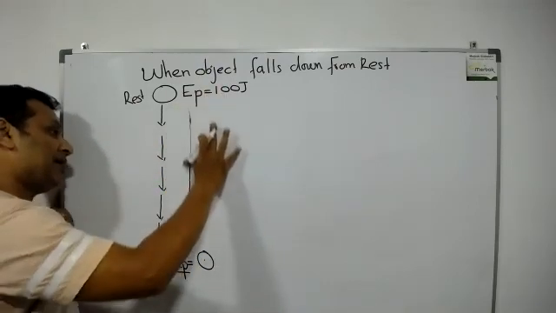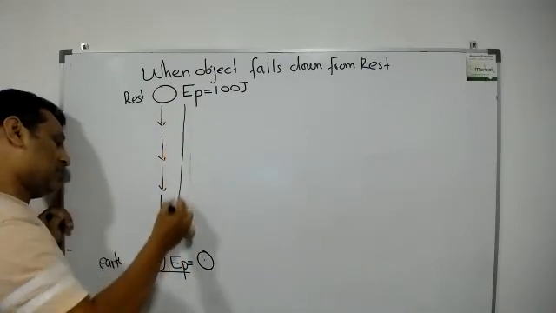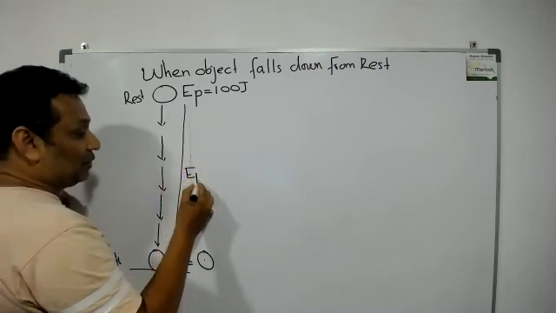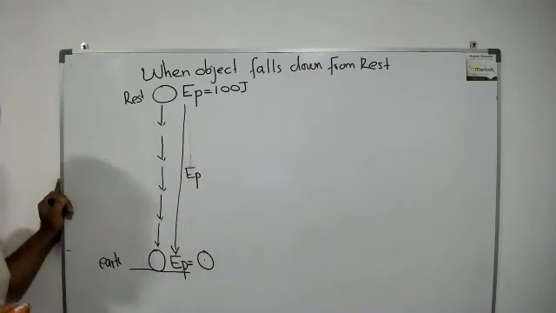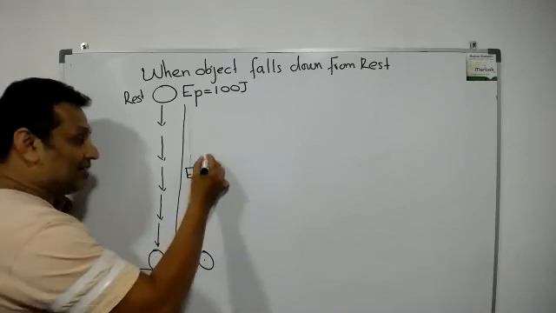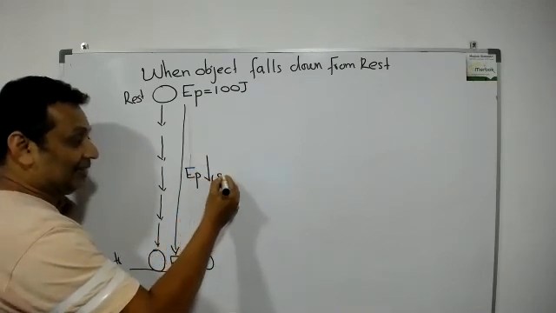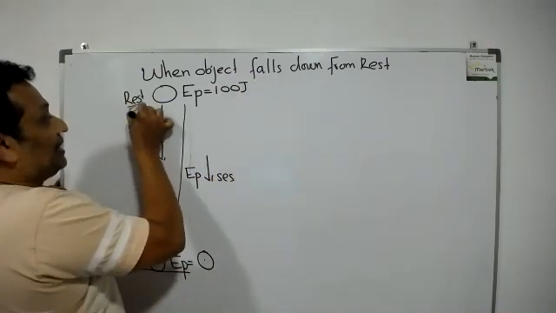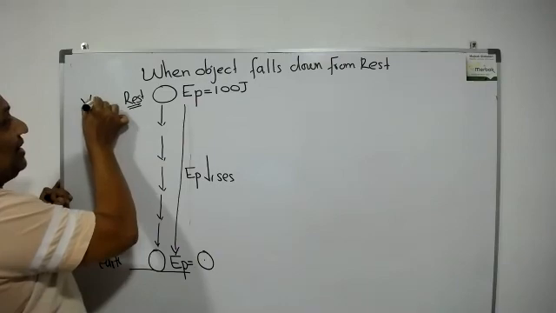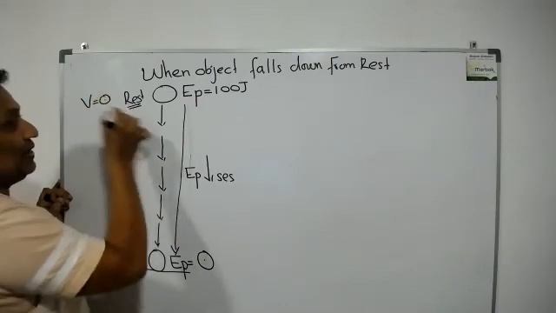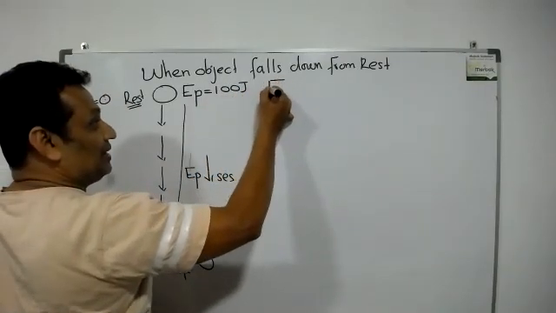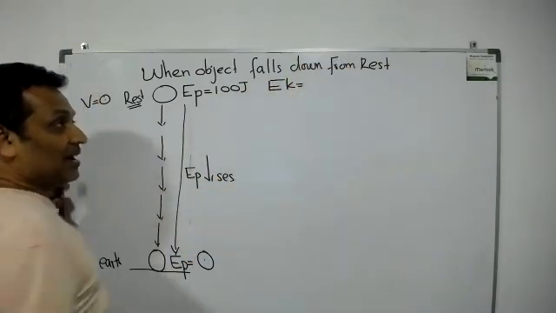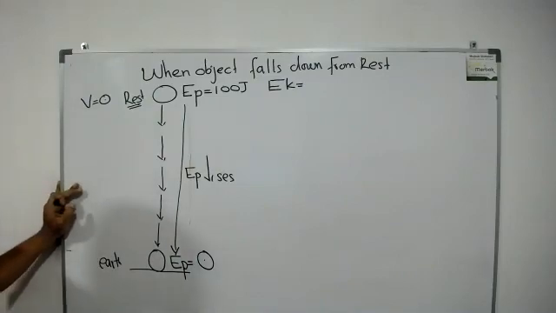What is happening to the potential energy? It is decreasing. As it is at rest, the V is equal to 0. That means in EK, half mv square, V is 0.